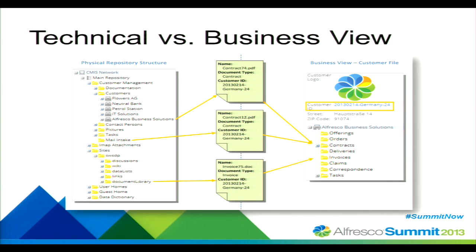Just by properties like a customer ID or a document type, we can file it into the right folder structure for the right customer. So we click on that contracts folder and search for documents having the matching customer ID and the matching document type. And this makes us completely independent from any physical folder structures. We can build and set up our own business view.